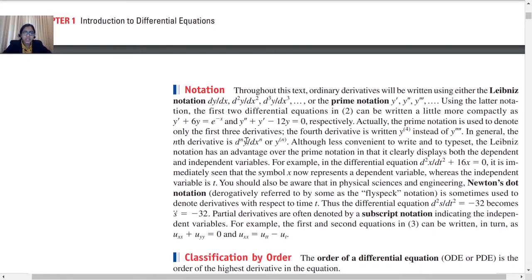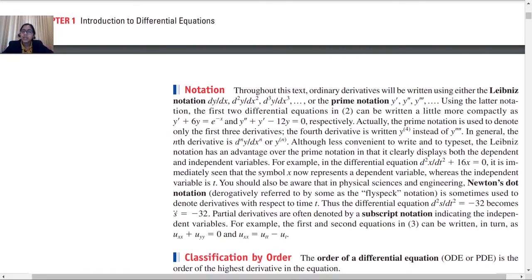This is the case of ordinary derivatives, and this is the case of partial derivatives, like uxx plus uyy is equal to 0, or uxx is equal to utt minus ut. That is, this uxx is nothing but dou square u by dou x square, and this is equal to dou square u by dou t square minus dou u by dou t. Okay, so these are the notations that we'll be following.